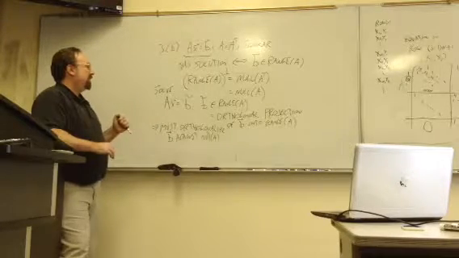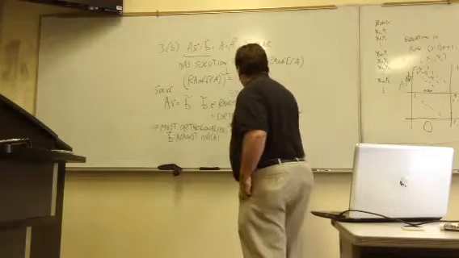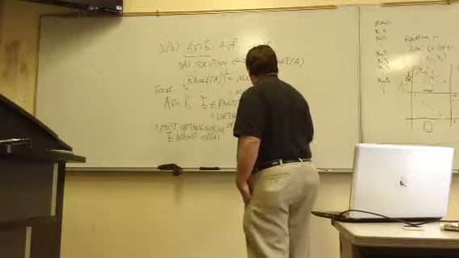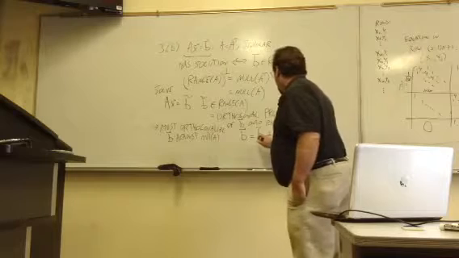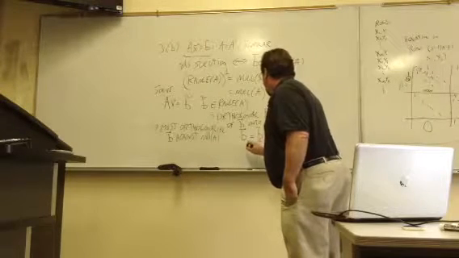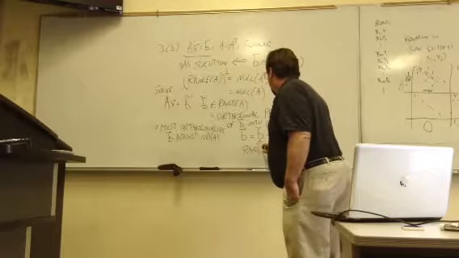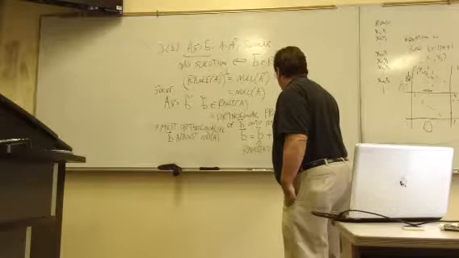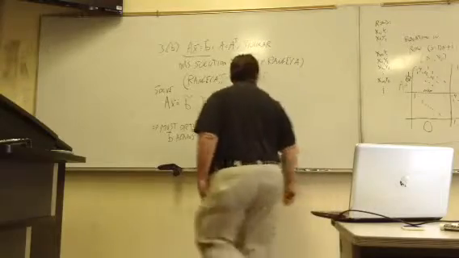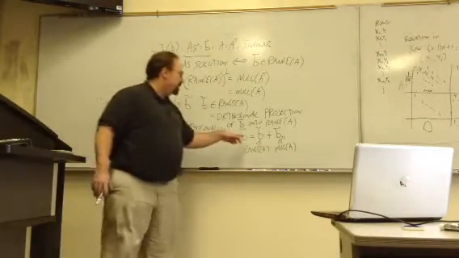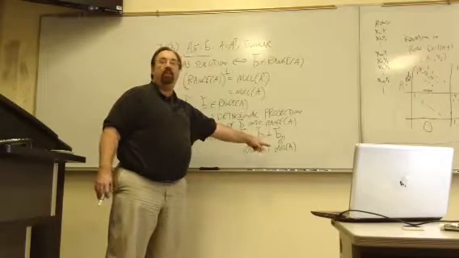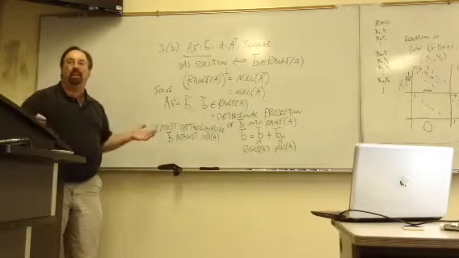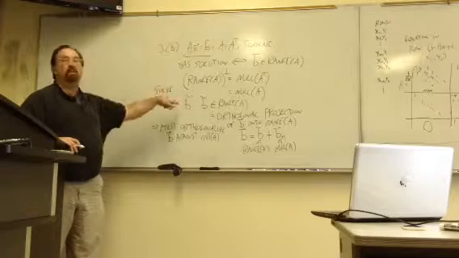So the idea is, b has a unique decomposition into b tilde plus another vector I'll call b_n. b tilde is in the range of A, and b_n belongs to the null space of A. So if you can figure out what portion of b is in the null space of A, then you can orthogonalize against it and get rid of it. And then you have a system that you can solve.